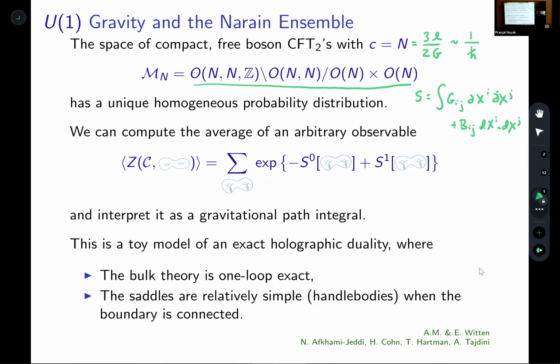Sorry, please. If you are summing over this space, which is basically integrating over G's and B's, you are basically doing in target space some piece of gravity. Exactly. The way that I think about this is, for example, this expectation value is an integral over this moduli space of the free boson partition function as a function of the moduli.